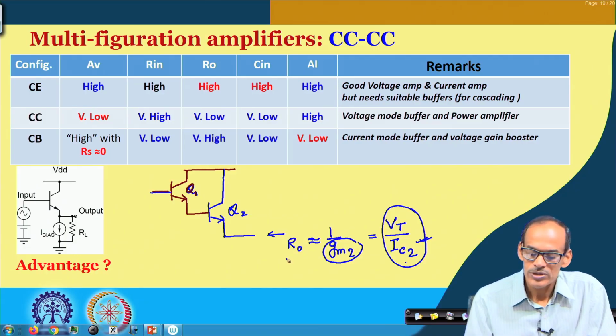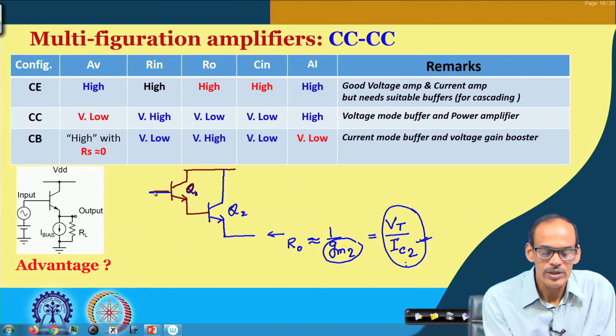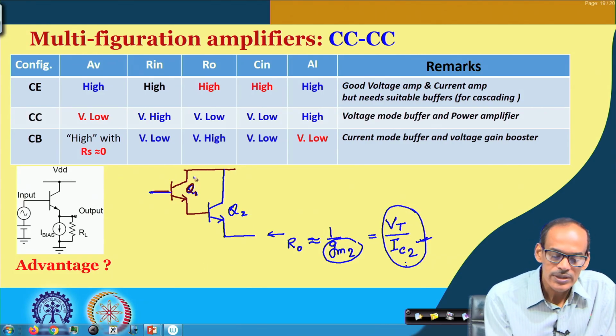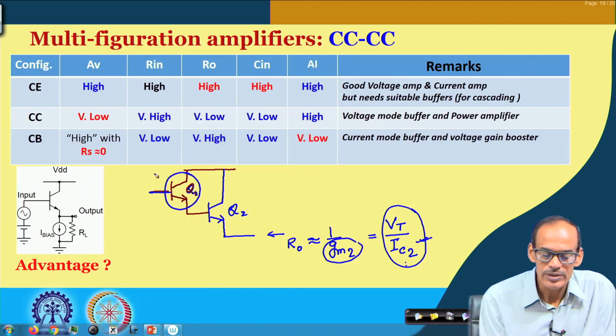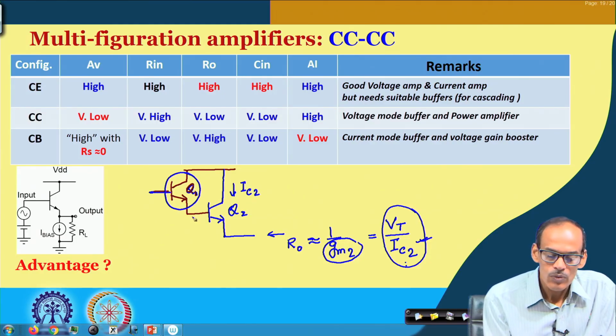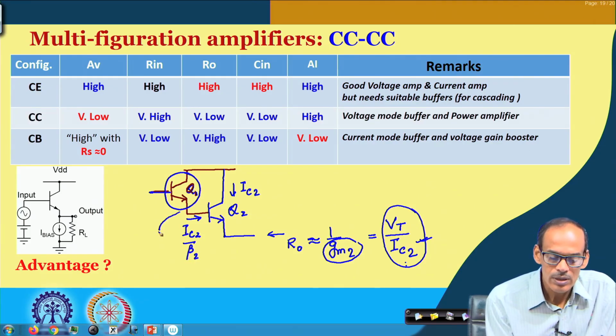But then to support this current, in case you are loading the primary port, it may be a problem. But since we do have the second transistor here, to support this high value of IC 2, we require a smaller version of the same current, namely IC divided by beta of the second transistor, which is eventually equal to IE of the first transistor.